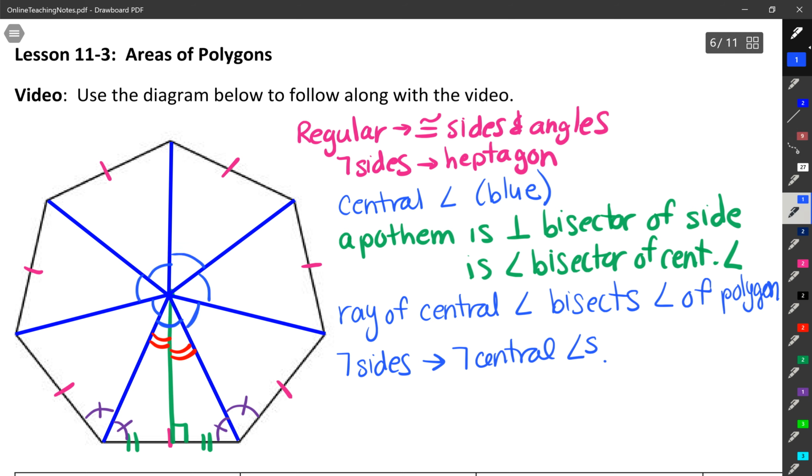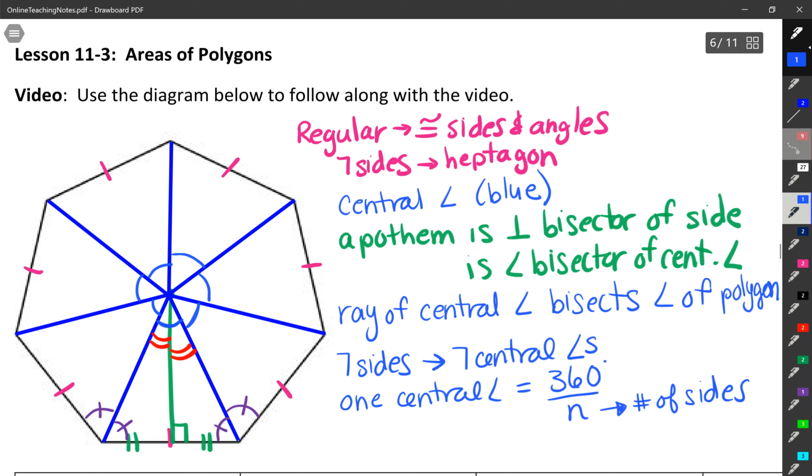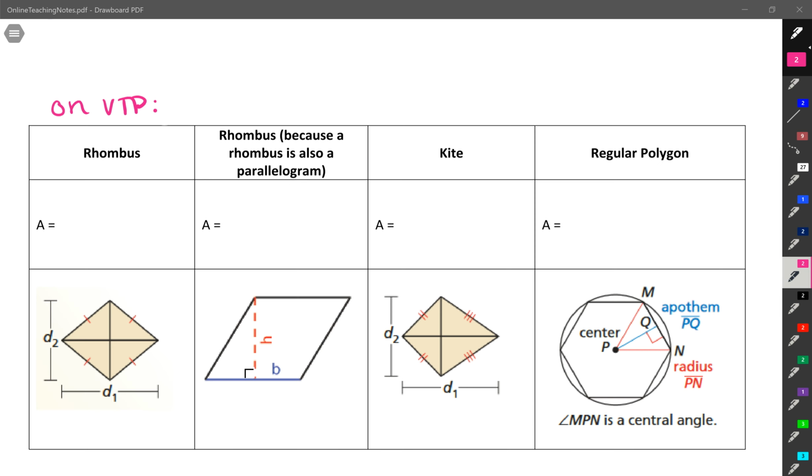So that means that one central angle is going to equal 360 divided by n, where n is the number of sides, because we just showed, 7 sides, 7 central angles. So the one central angle can be found by doing 360 divided by n. And these are some cool properties of the regular polygons.